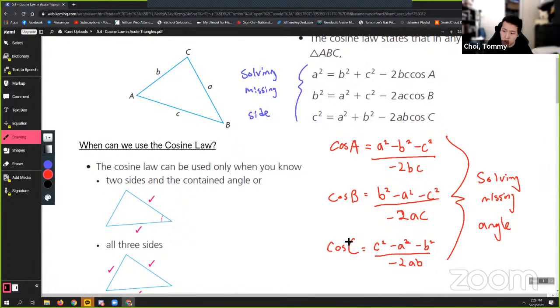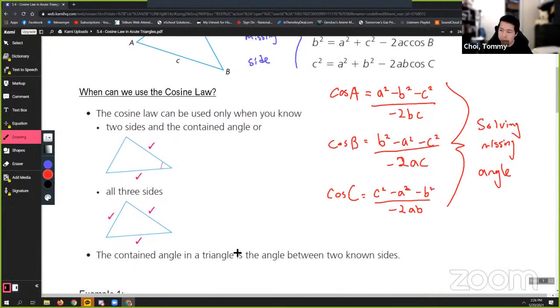Going once, going twice. Okay. So there are two ways you can easily identify using the cosine law, which is when you have side angle side, like this, or you just have all three sides. In both of these situations, the only option you have is cosine law. No other choice. You cannot do anything else if this is the triangle information you're given.